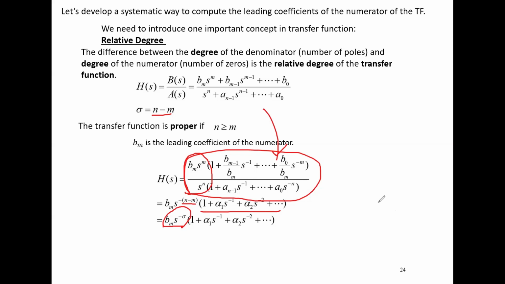Then how do we get this one? This is done by what we call long division. So what is long division? I will give you one example.